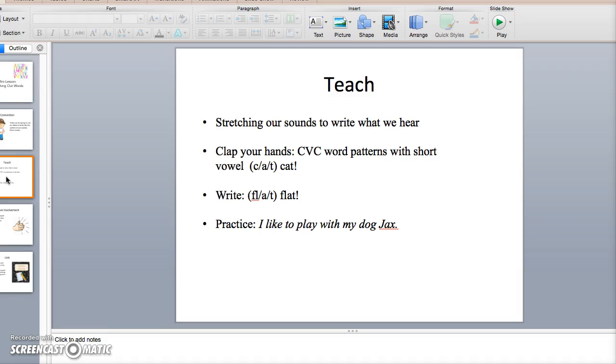So if we are trying to write the word cat, I'm going to sound out my first letter, K. I know that C makes the K sound, so I'm going to write C on my paper.